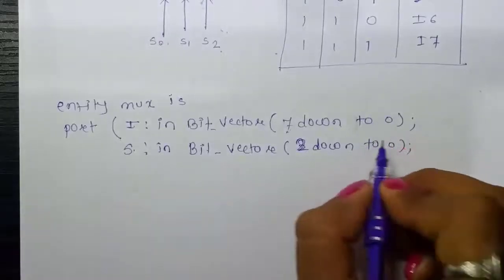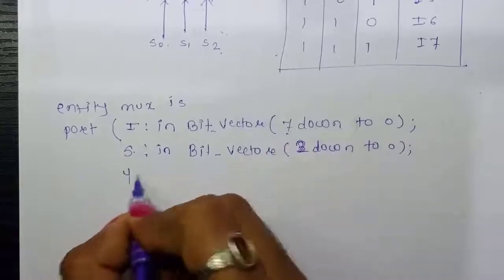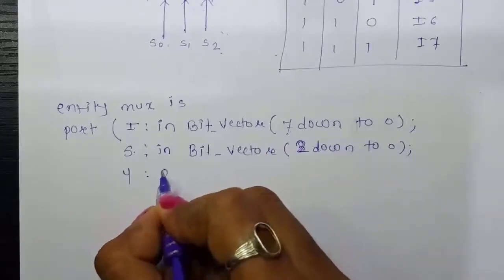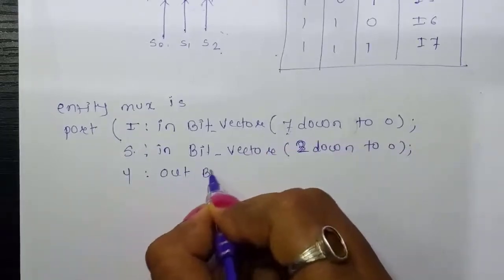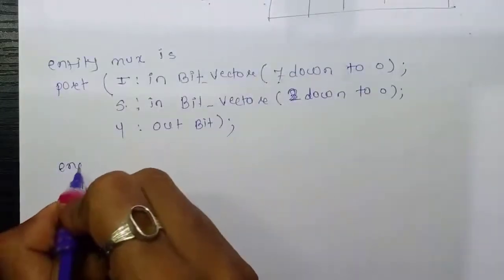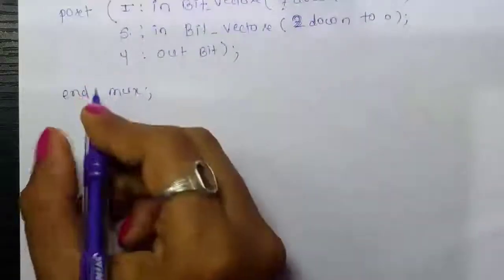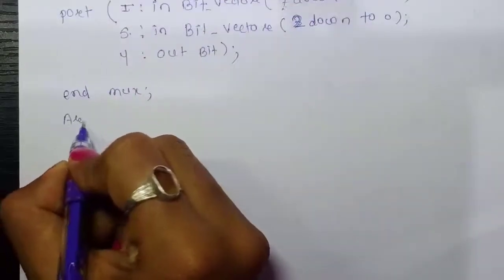You can also write it as 0 to 2, that means 0, 1, 2. Then output port Y, out, data type is bit. Then end entity.